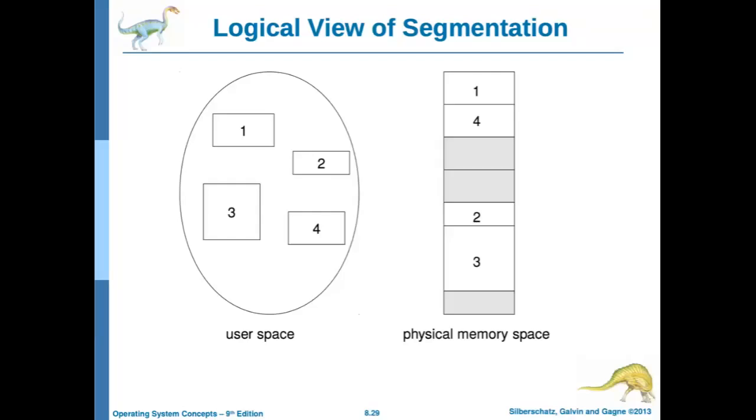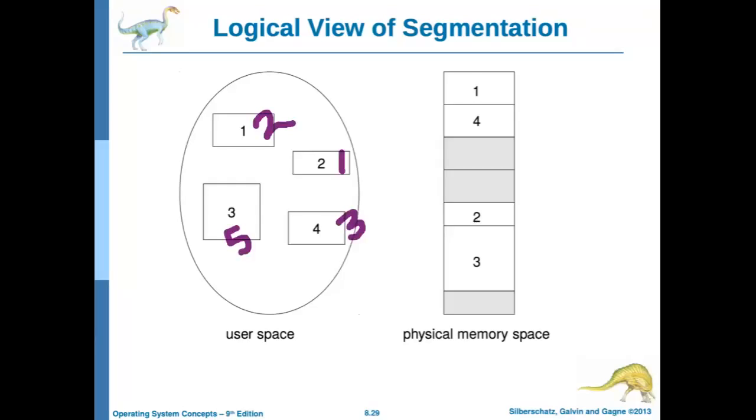Imagine your code is logically divided into different parts, and these different parts will be loaded into memory anywhere, unlike previously, where we needed contiguous memory. Let me use the annotation tool here. Suppose this is 2 KB, this is 1 KB, this is 3 KB, and this segment is 5 KB.